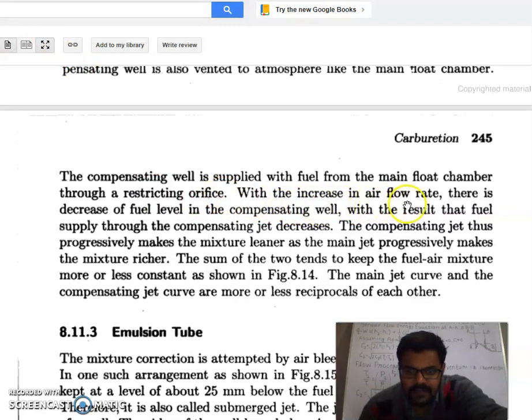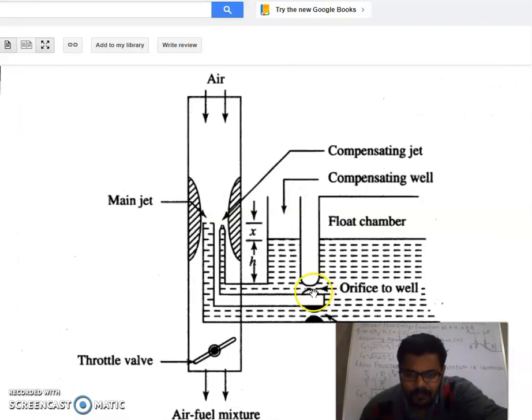With the increase in air flow rate, there is a decrease of fuel level in the compensating well. So what will happen? You can see here, this is the orifice to the well. So this well is filled from this side. The fuel level is maintained from this side. The fuel will come through this orifice.